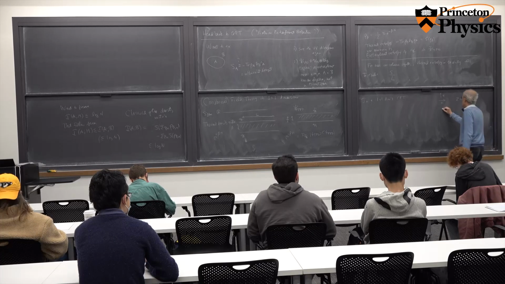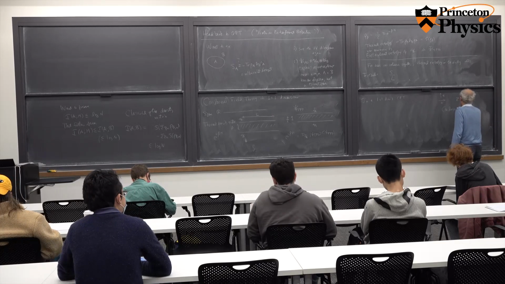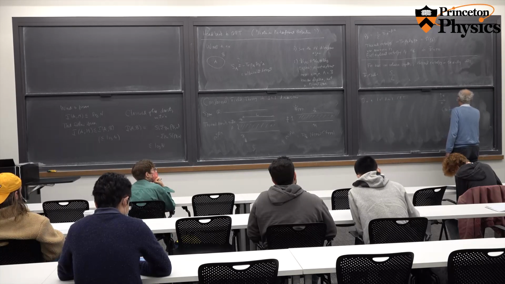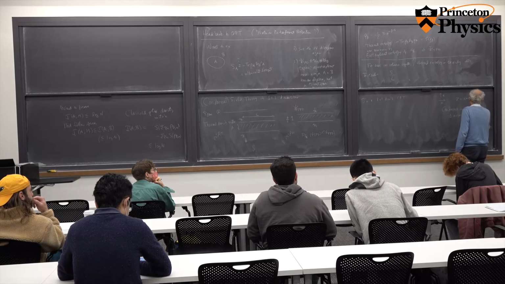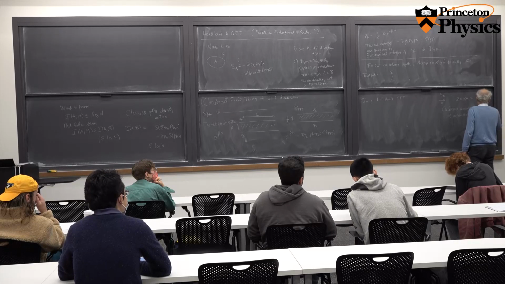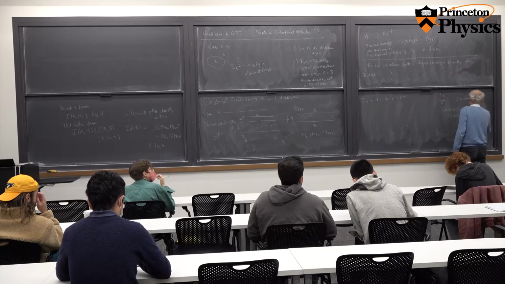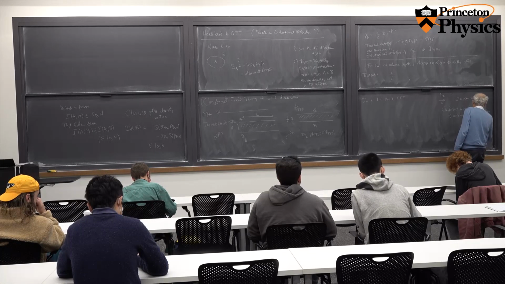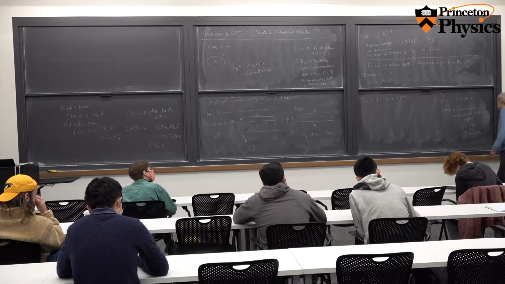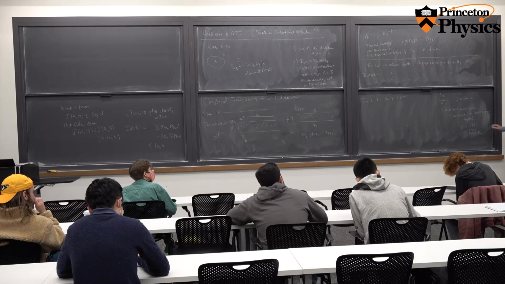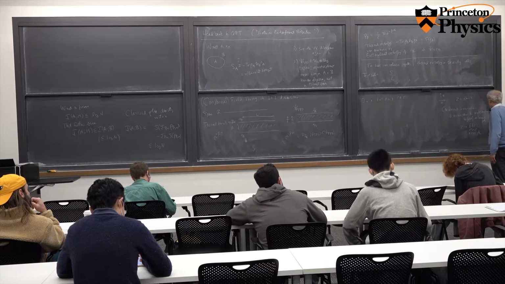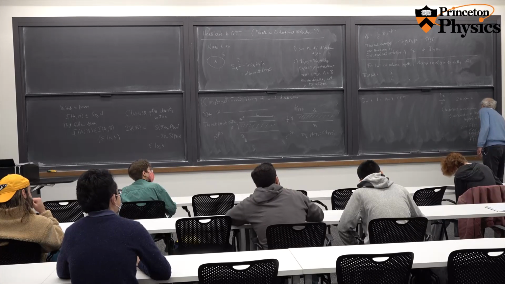And conformal invariance means invariance to holomorphic mappings z to f of z, where f of z is analytic. Well, holomorphic mappings with no branch points. So f of z is analytic, and f prime of z is everywhere non-zero.